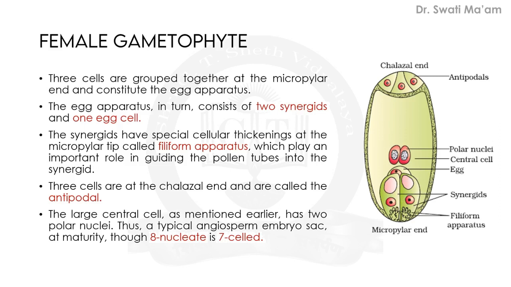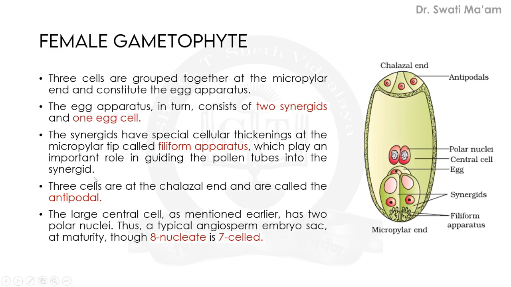Whenever the pollen grain settles on the stigma, it will travel through the style and then enter through the micropylar end. So let us revise it. The micropylar end has its own importance, and towards here only these filiform apparatus are present. So you can relate like that and remember it.